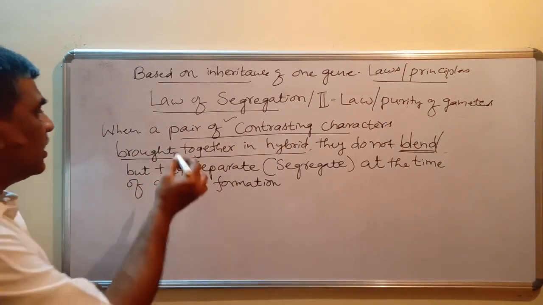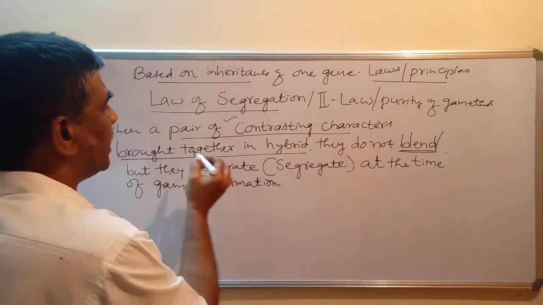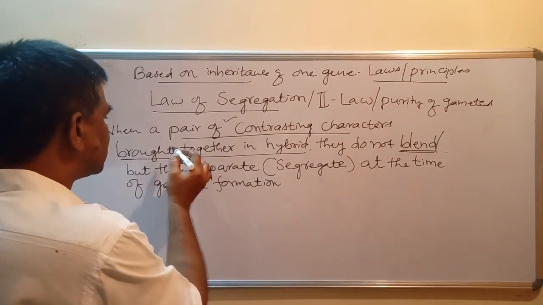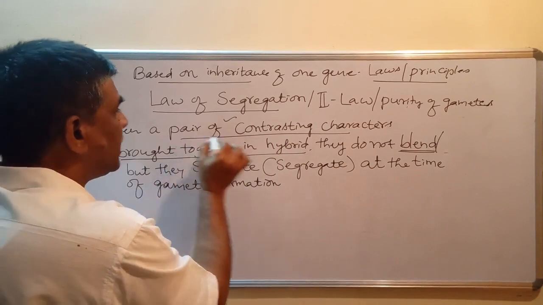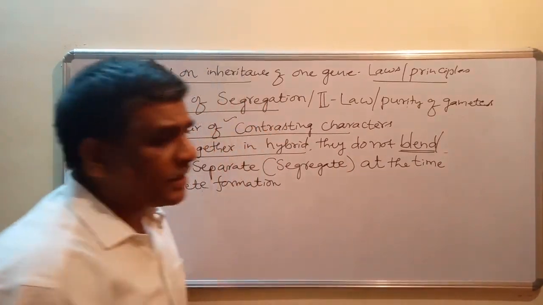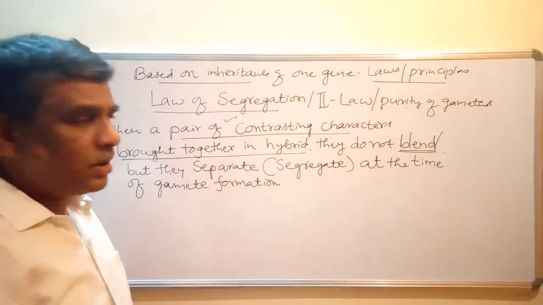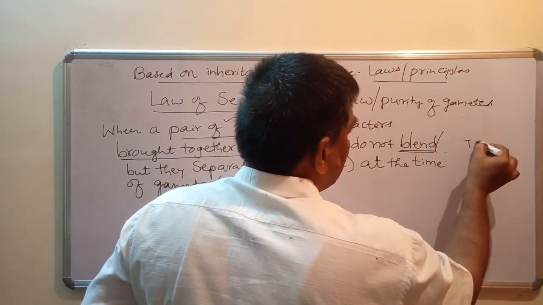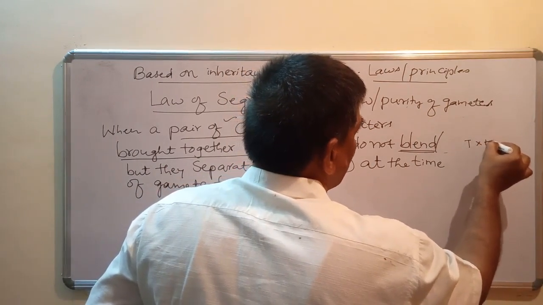Here I have underlined the important statements. A pair of contrasting characters we have seen in inheritance of one gene: capital T in one gamete and small t in another.